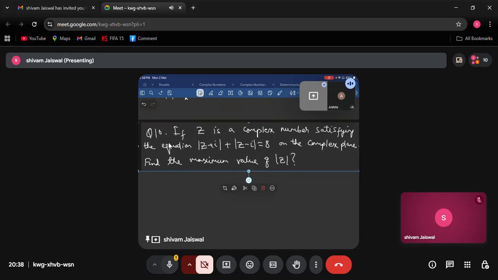Solve. Last question, everyone. Again, this is very simple. Just need to identify the locus.